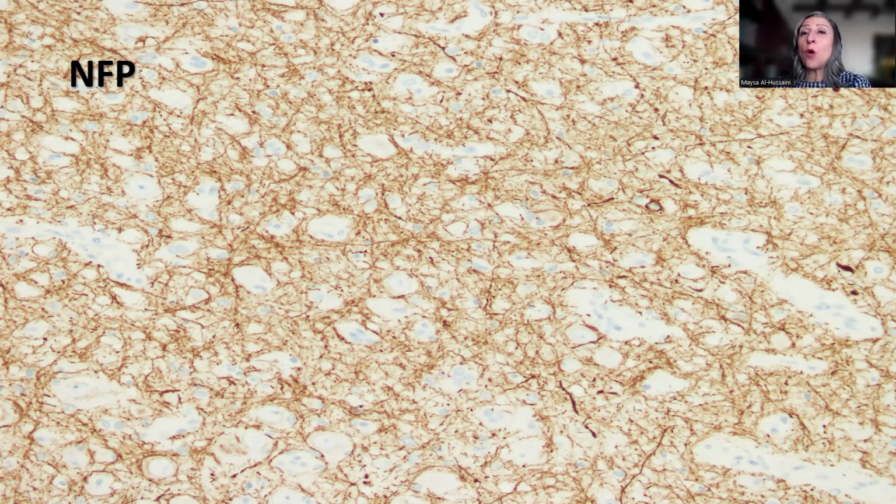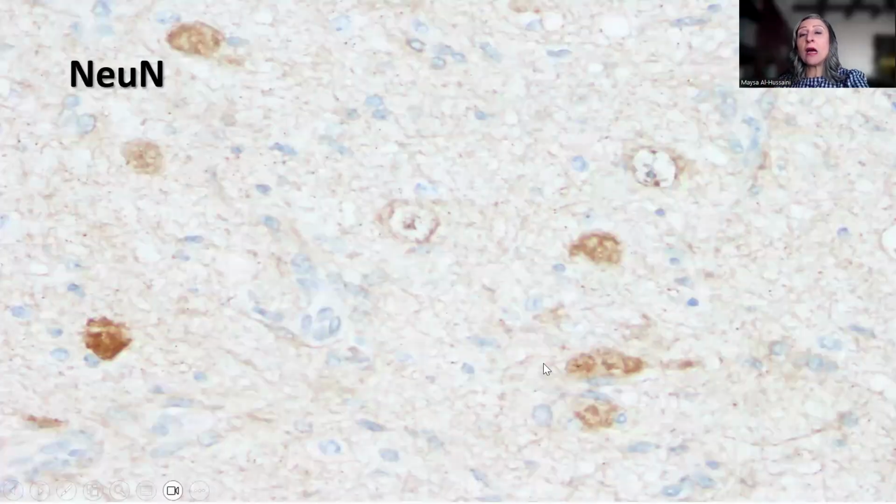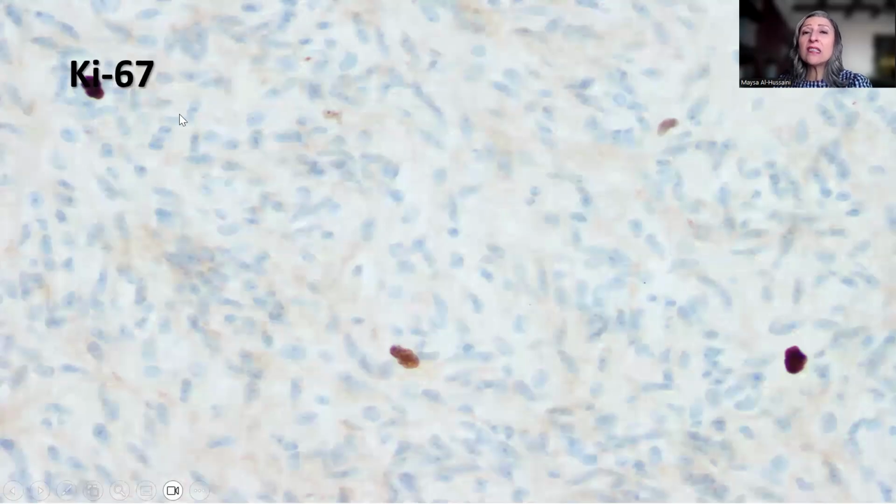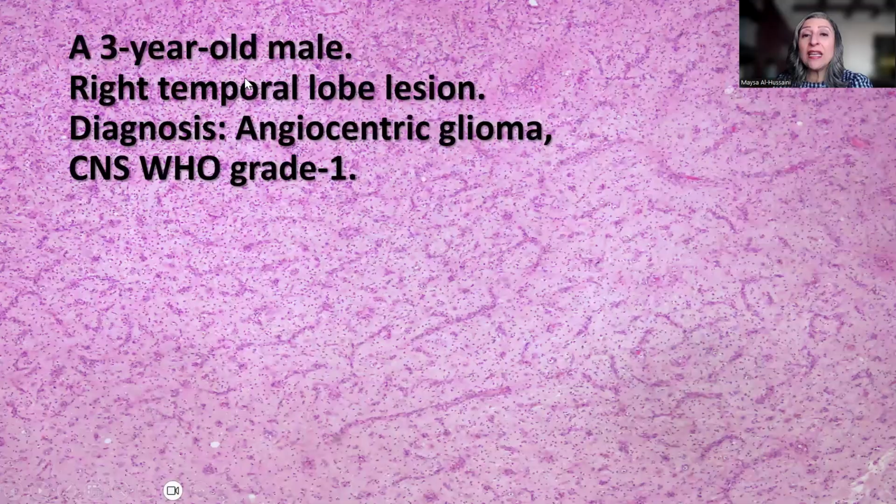Ependymoma is typically a well-circumscribed tumor that does not show evidence of infiltration into the background brain. And the NeuN immunohistochemistry highlights the nuclei of the entrapped normal ganglion cells or neurons, and the Ki67 is extremely low, less than 1%, because this tumor is not mitotically active.